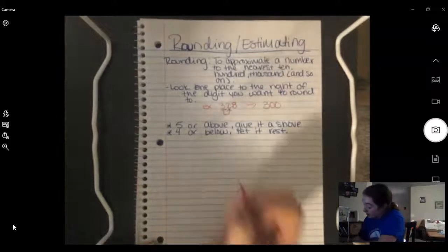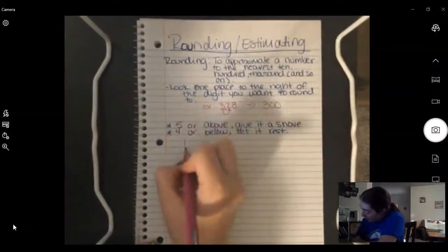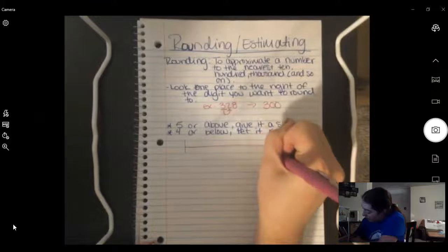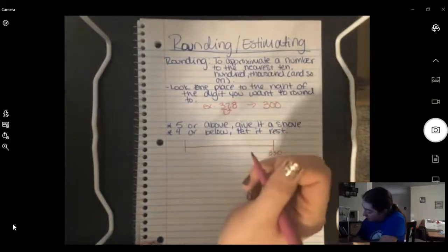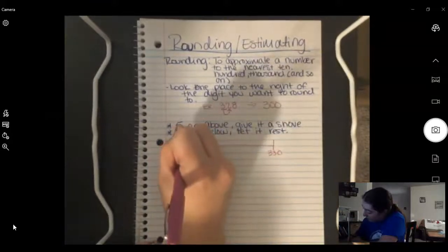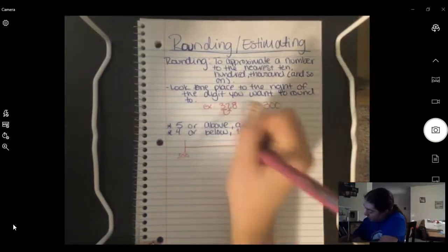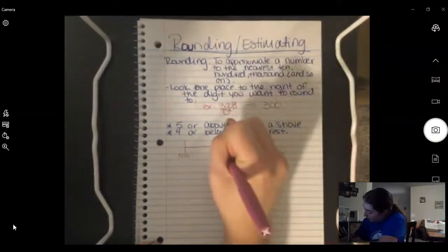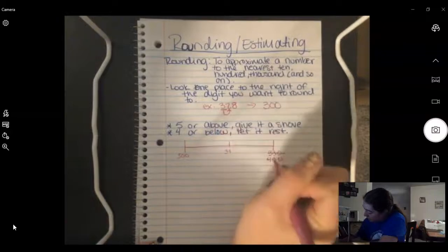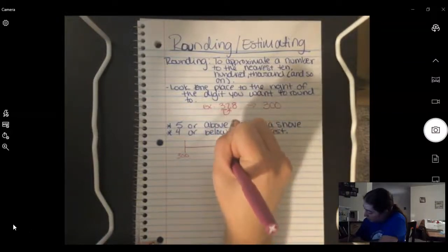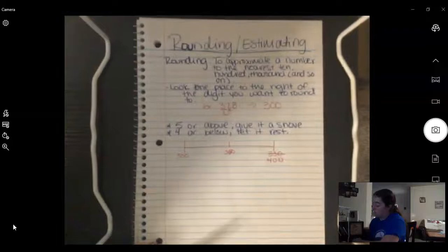So another way to see that is if we put it on a number line, we have 300, and this should be 400, and we have 350 in the middle.